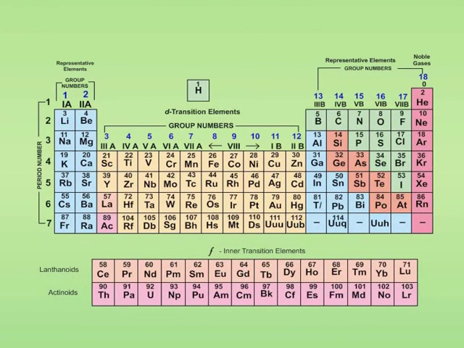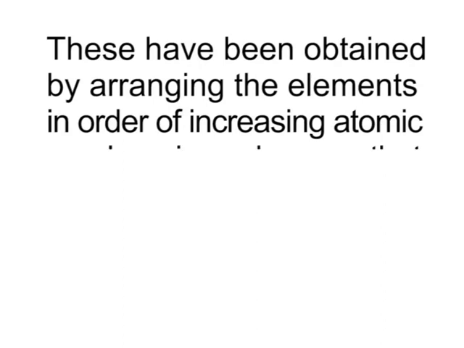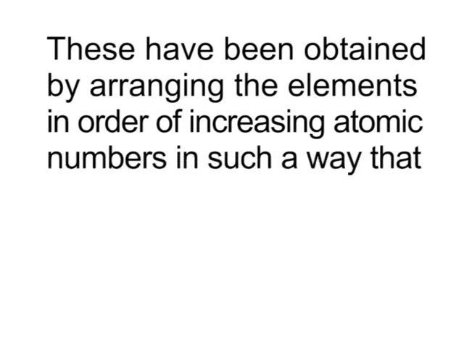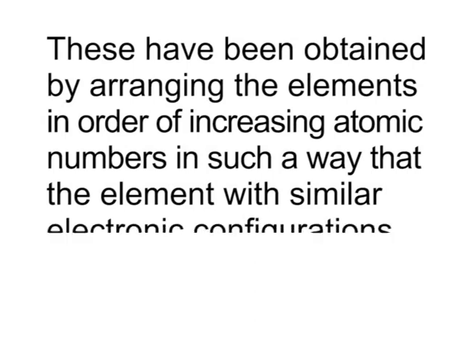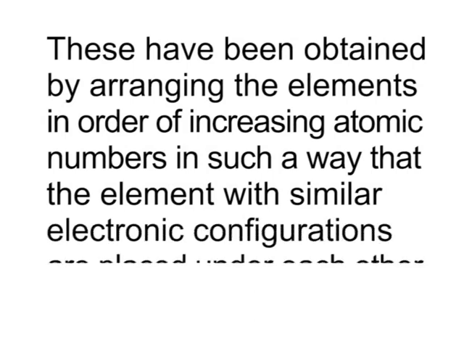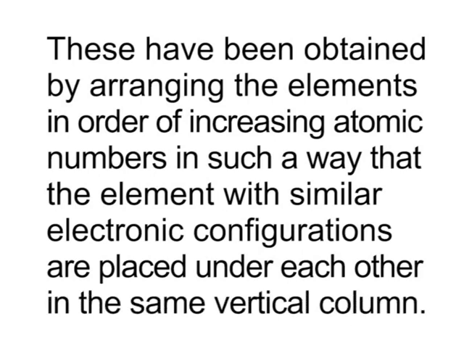The long form of the periodic table consists of 18 vertical columns and 7 horizontal rows. These have been obtained by arranging the elements in order of increasing atomic numbers in such a way that the elements with similar electronic configurations are placed under each other in the same vertical column.